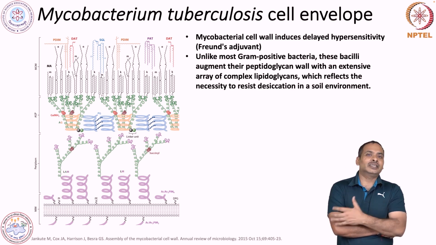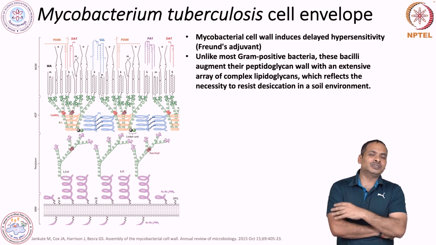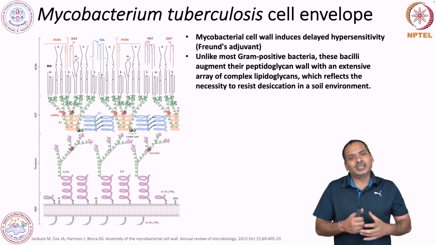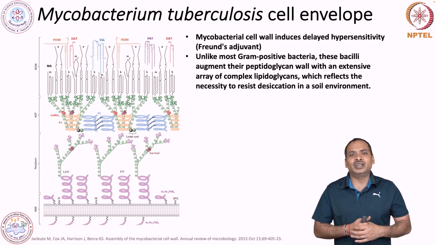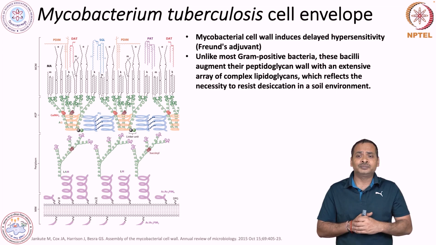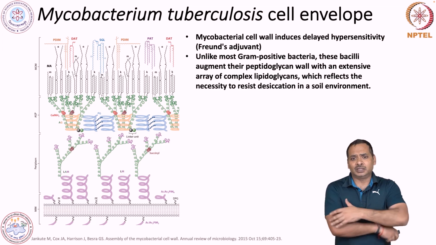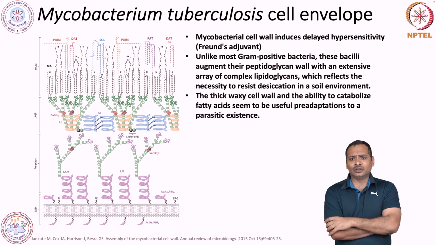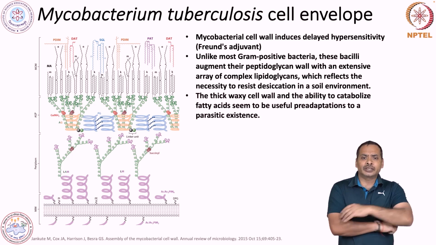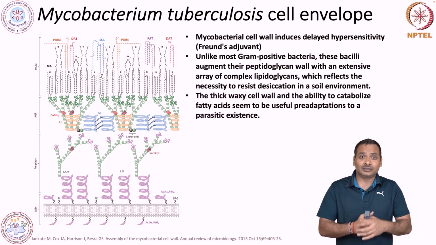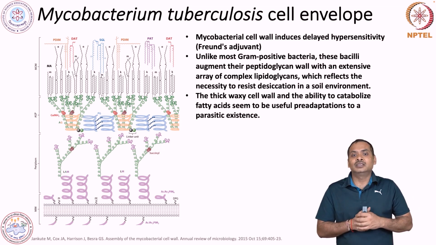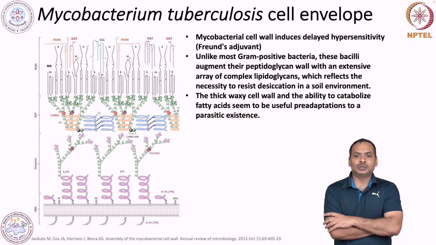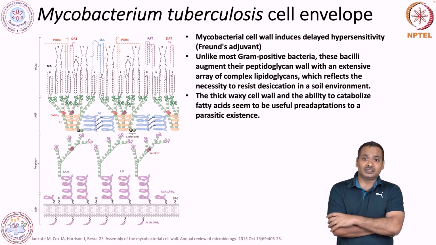I told you in a previous slide that this bacterium will survive even if it is dried, even sun dried. Why? Because of this property: the thick waxy cell wall and the ability to catabolize fatty acids. This has a lot of fatty acid, which seems to be a useful pre-adaptation to a parasitic existence.